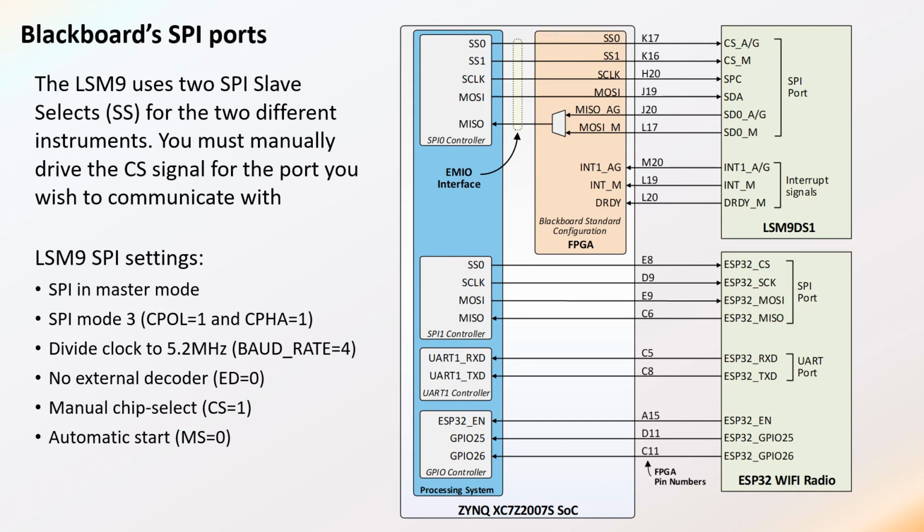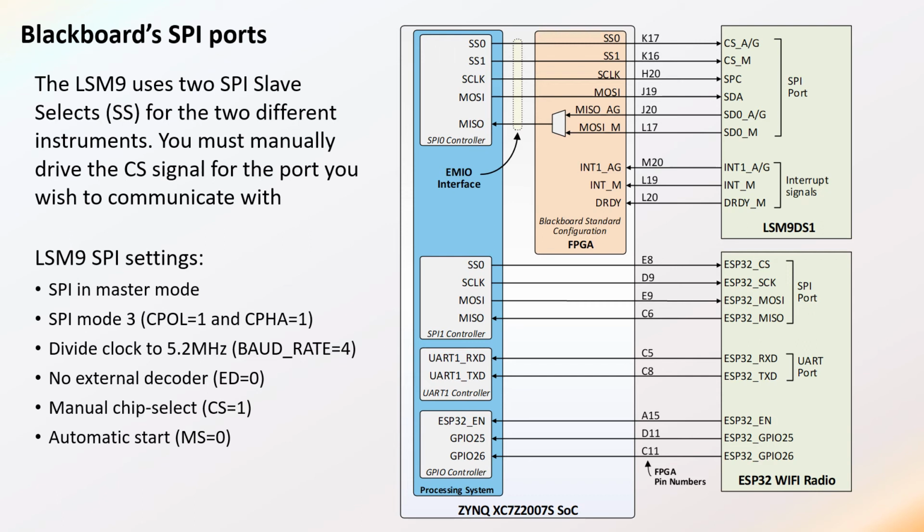Now from the picture you can see that SCLK is the same, MOSI is the same, but MISO is different. There's a different data pin connecting the MISO from the accelerometer and gyro to the chip, and also a different one for the magnetometer. So we took care of that for you in the FPGA. We detect if slave select 0 is being driven, and we switch the mux so that the channel connected to the accelerometer and gyro passes back to the ARM.